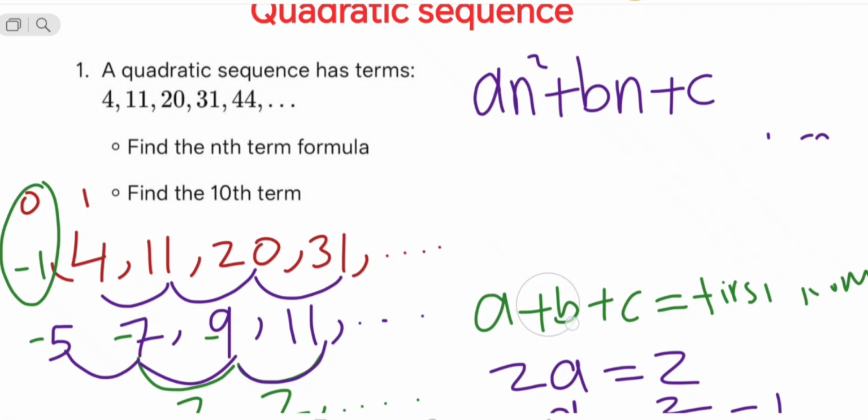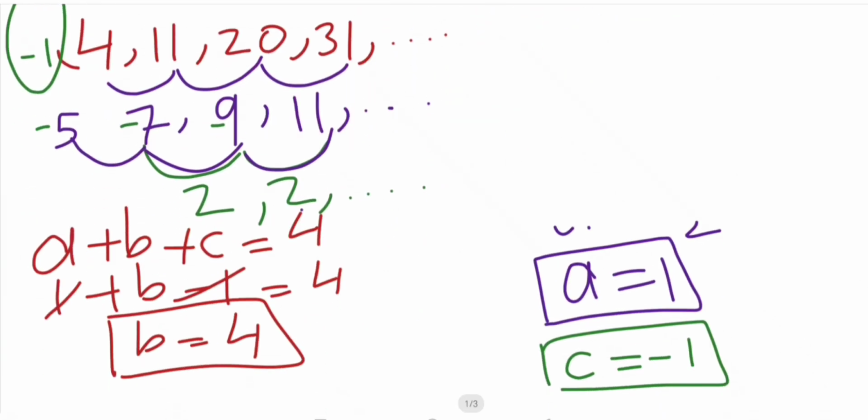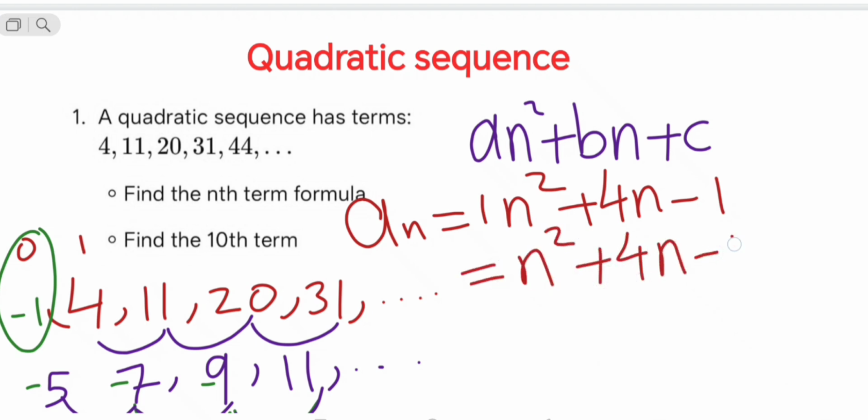I will replace the values of a, b and c. So a I got is 1, so 1n², plus 4n, and c is -1. Sometimes we write un because it is the nth term, or sometimes we write an, both are the same. So this is the nth term: 1 we don't write, n² + 4n - 1.